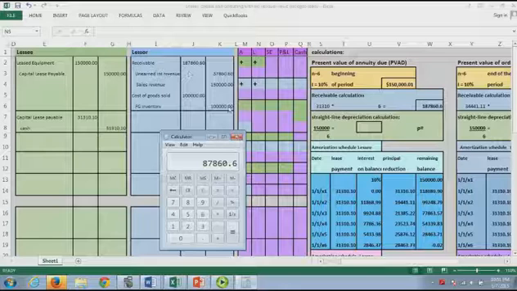So our assets are going up by 87,000 some. The liabilities are going up, but obviously not as much.